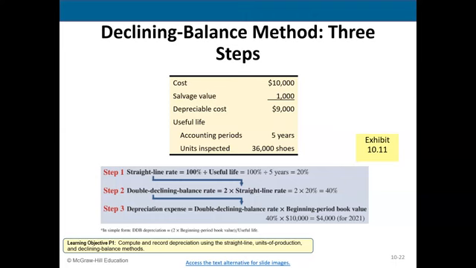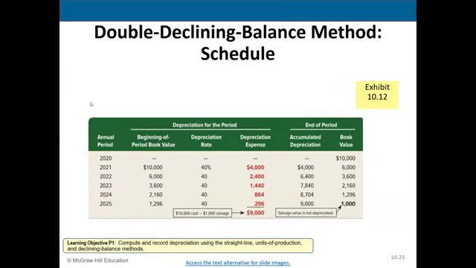And we follow this same process for every year. I'm going to show you what this schedule looks like. We take the depreciation rate of 40% and multiply that by the beginning book value. The cost is 10,000, as you know.